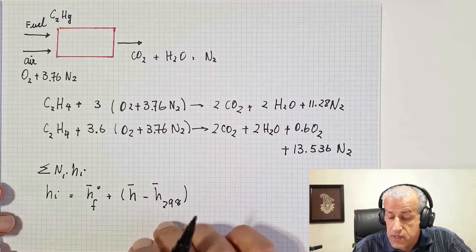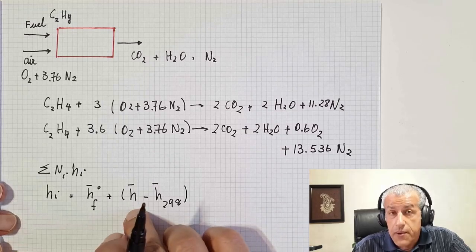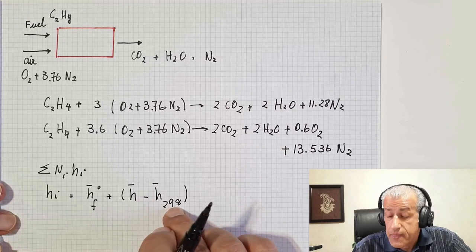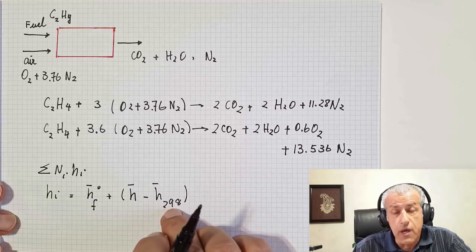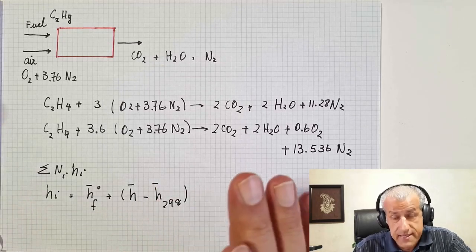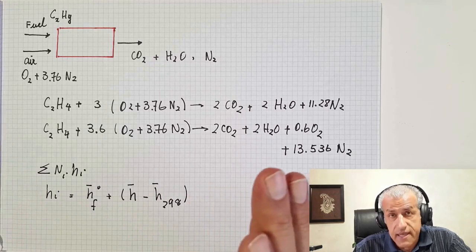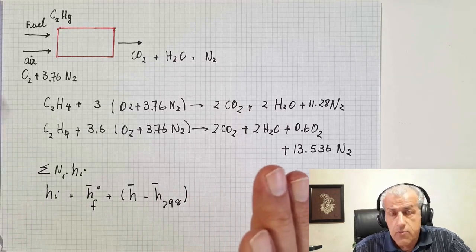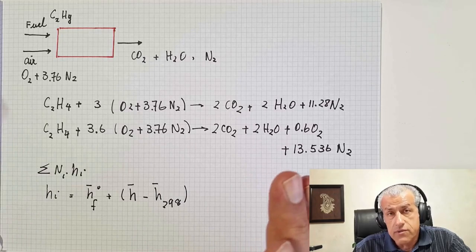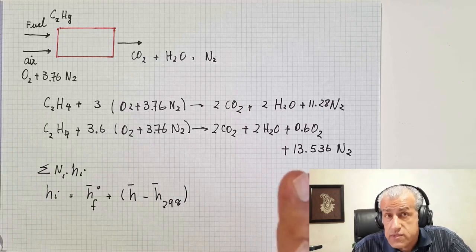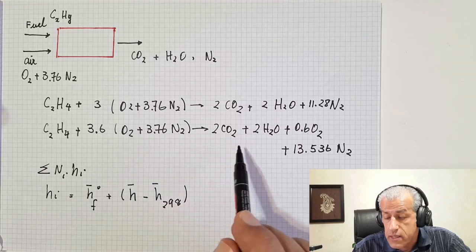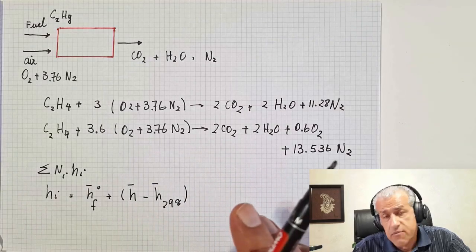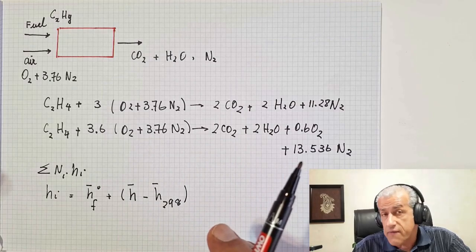So what we need to do is present our enthalpies on the basis of 298. That's the standard that is set and used in different books, and therefore we also follow it. We still use the same tables as before for O2, N2, CO2, H2O, but we have to use them twice.